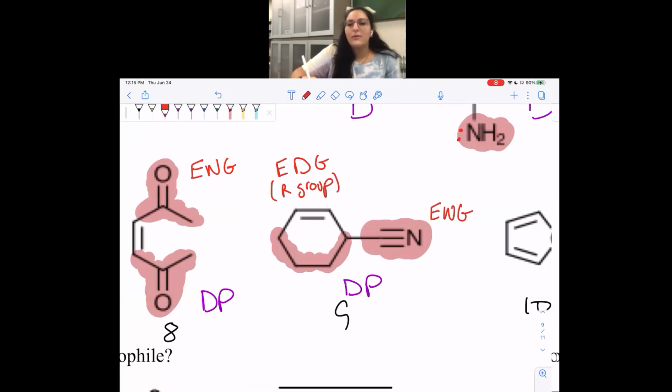So remember, always R groups are donating. Basically any group connected here is going to be counted as a substituent. So like this is technically not a substituent of the double bond, but it's connected to the compound. And so we're going to consider if it's donating or withdrawing. Sorry, I know substituent technically is not that definition, so I'm sorry if I confused anyone, but that's how I was using it.